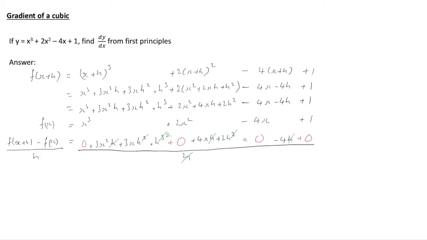So we've done all that cancelling, and that leaves us with dy by dx being the limit as h tends to 0 of what's left, which is 3x squared plus 3xh plus h squared plus 4x plus 2h minus 4. Now, when we let h tend to 0, those h terms, the terms with h in them, will all go to 0, and we're left with the answer, which is 3x squared plus 4x minus 4.